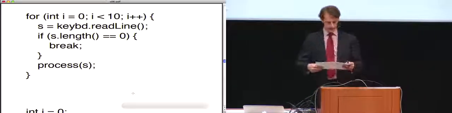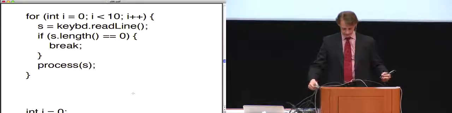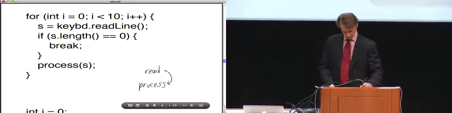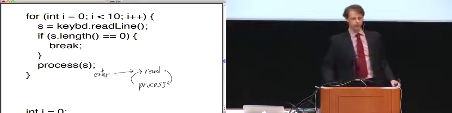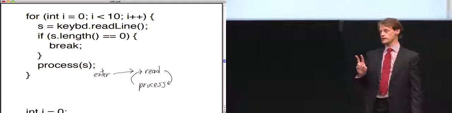I want to give you a more complicated example where a loop has more than one natural endpoint. So now here's an example where I'm doing the read process loop again. And I'm entering at the usual spot. I start by reading something from the keyboard. But now I have not one exit condition, but two exit conditions.